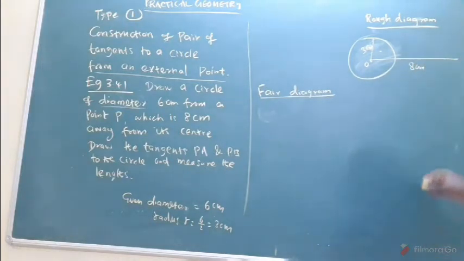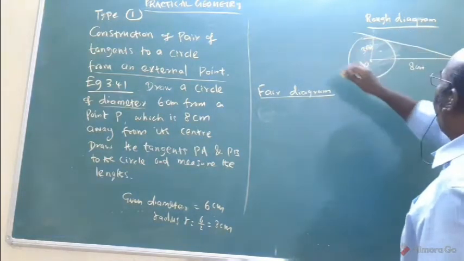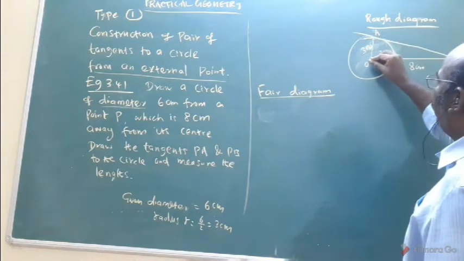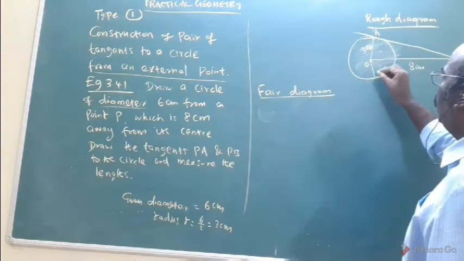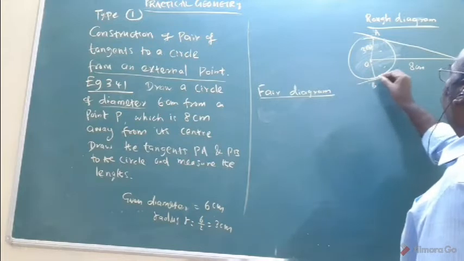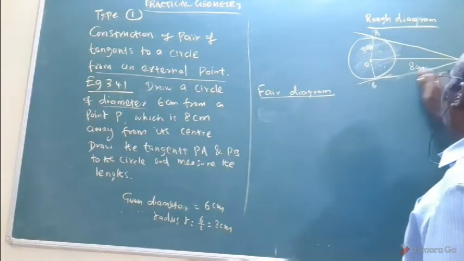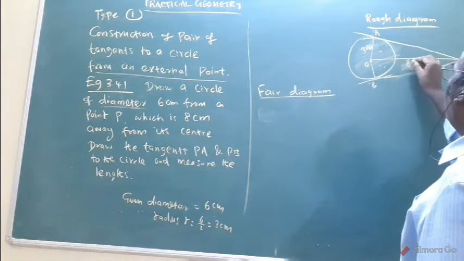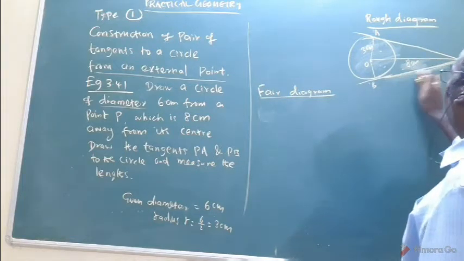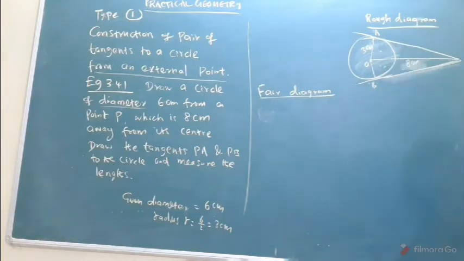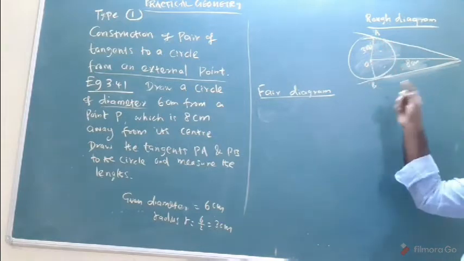From point P, draw two tangents. This is called A, and this is called B. This is a rough diagram without any measurement. That's why this is a rough diagram.